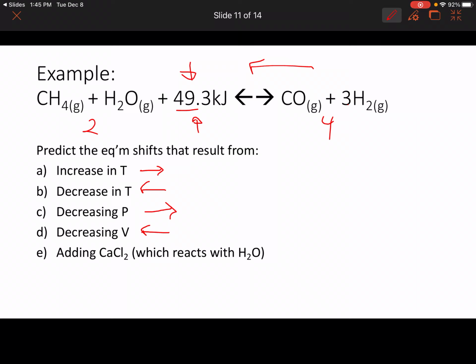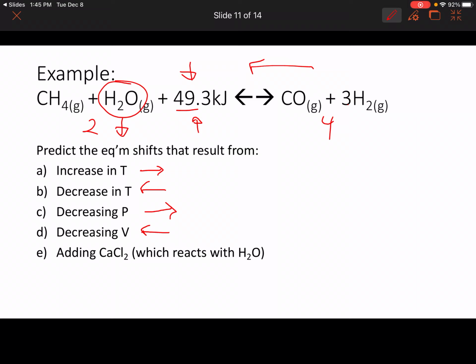And then this next one I find interesting here. What happens if we add calcium chloride? So calcium chloride is something that's going to react with water. So if I'm adding CaCl2, calcium chloride, and it's reacting with water, what am I doing to the concentration of H2O? I'm taking it out, right? So I'm adding something that's going to bond with the water, which means the concentration of water is going to decrease.